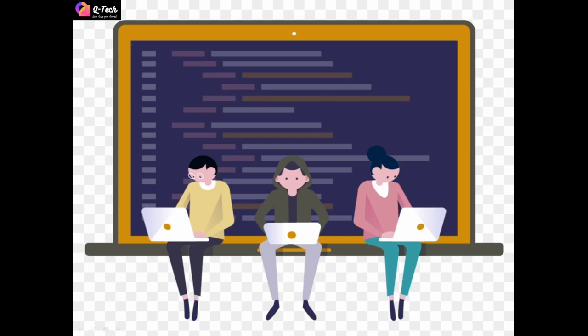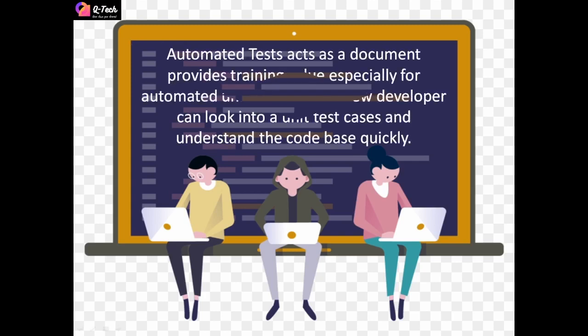Whereas in automation testing, we have to know about coding, and the tests are written as codes or programs that can be executed as scripts in automation tools. So in automation testing, some training is required.